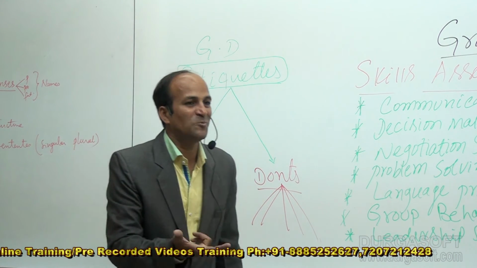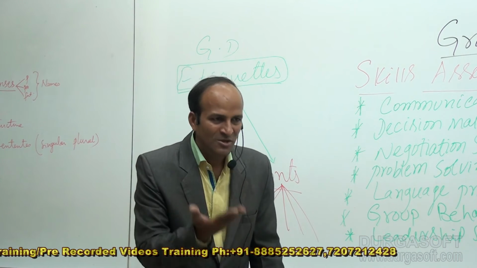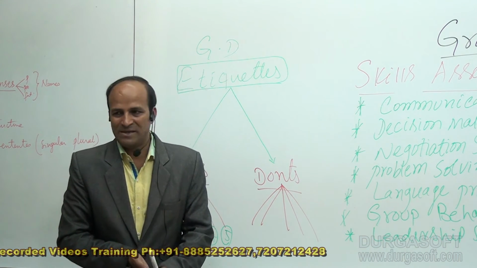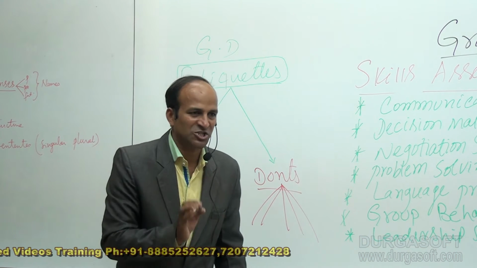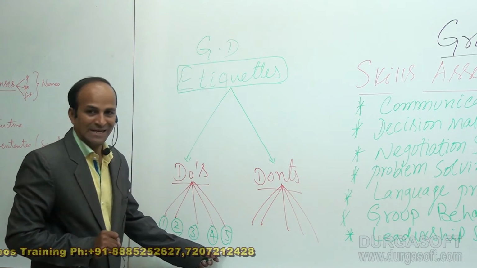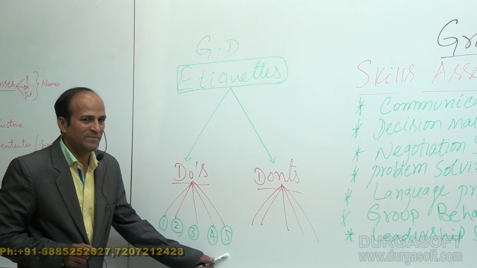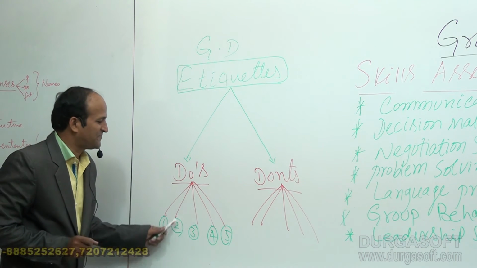You should be agreeing with them. Sometimes you may try to contradict them, but never do that very harshly. So be adaptable, negotiable and diplomatic in your approach. Never be aggressive.